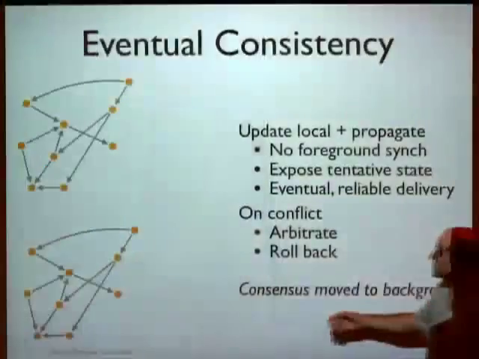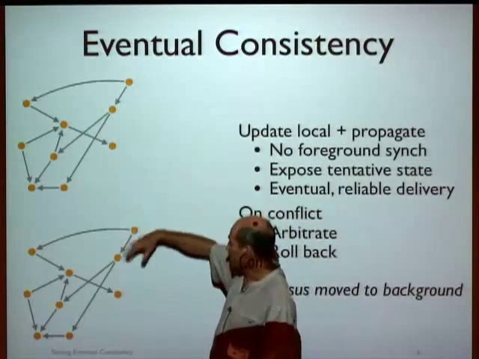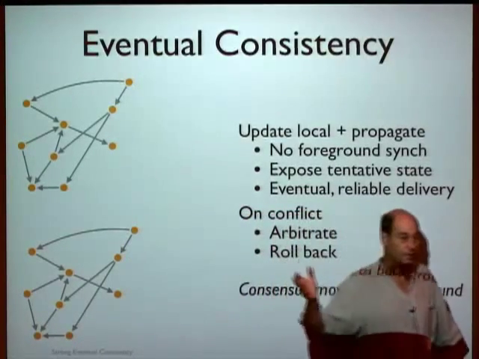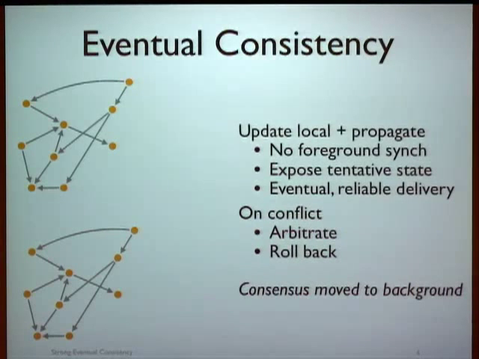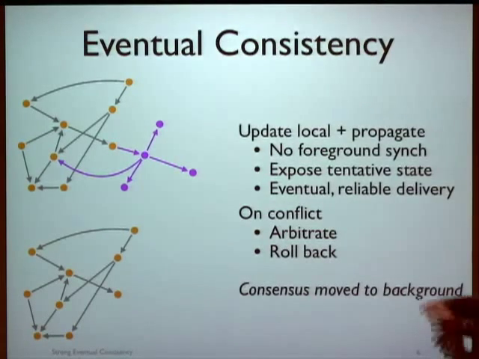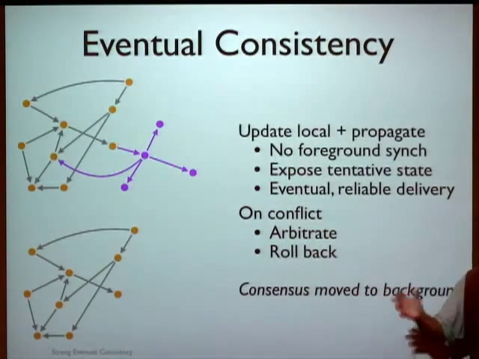How can you do updates that are uncoordinated and still converge towards something? This is called eventual consistency, and basically the idea is you can update your different replicas. You can do different updates to different replicas in parallel, and so they'll diverge for a while, but eventually they'll converge.